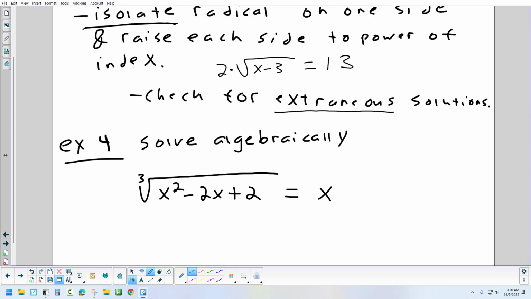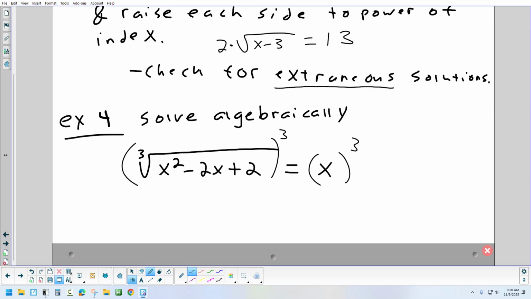Yeah. So we're going to cube each side. That's going to cancel out the cube root. So that's gone. We have x squared minus 2x plus 2 equals x cubed. Any question on the first step?